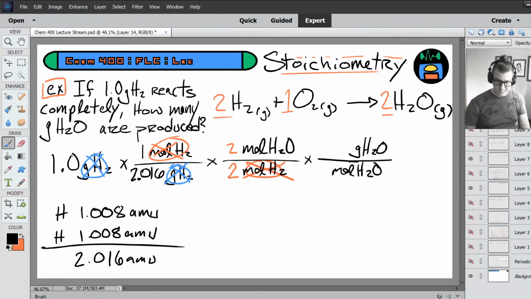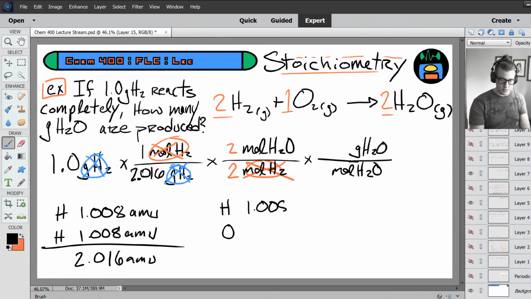And to do this, we need to calculate the atomic mass, not the atomic mass, the molecular mass. Hydrogen is 1.008, oxygen is 16.00, but we do have two H's present, so the molecular weight of water will be 18.016.